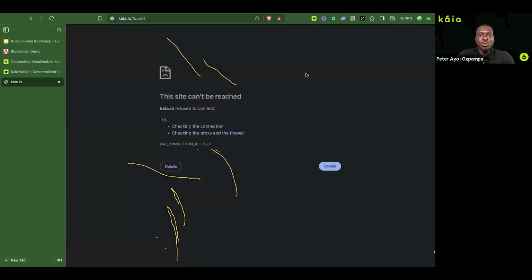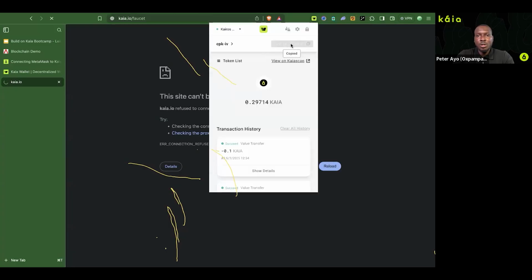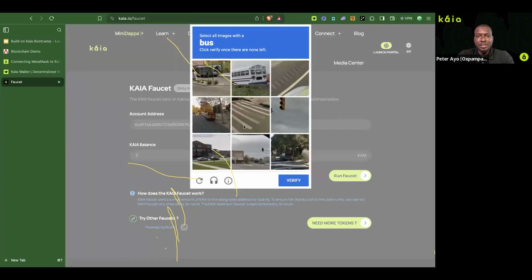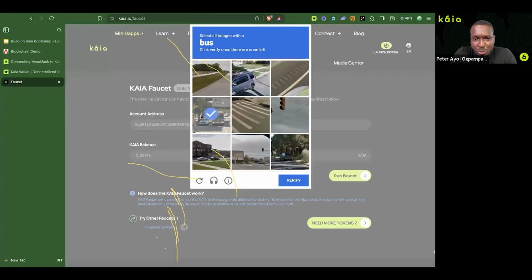All you basically have to do is copy your address and paste it over here, and then you run the faucet. Probably just solve the captcha, then you should be good to go.